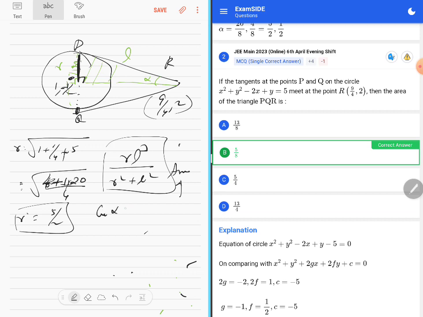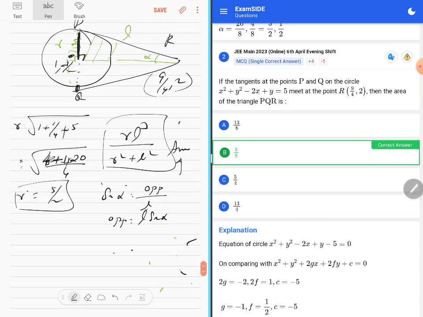If you write cos alpha, you'll have the adjacent side. So you write sin alpha, you get the opposite by L, so the opposite side itself is L sin alpha. And what about taking this triangle here? You know cos alpha is equal to the adjacent side by R.